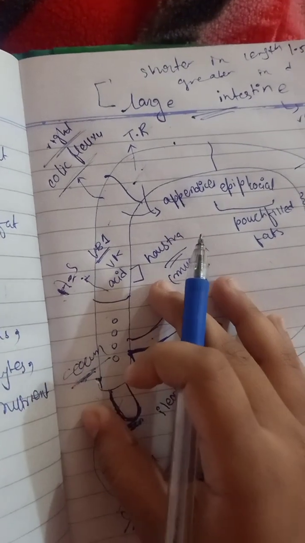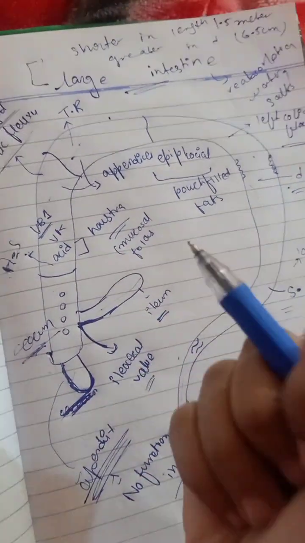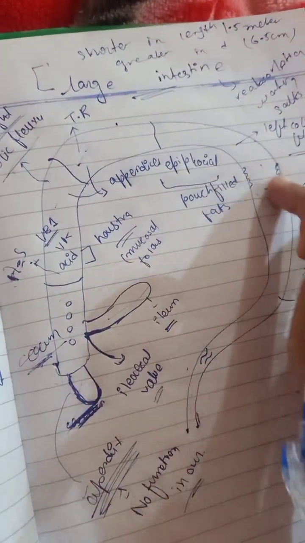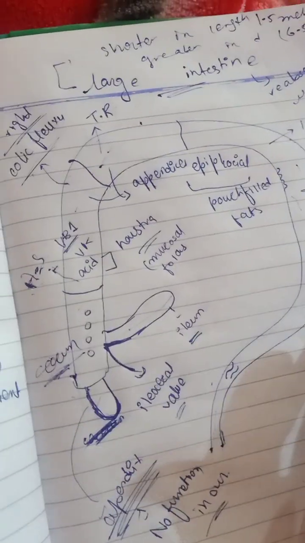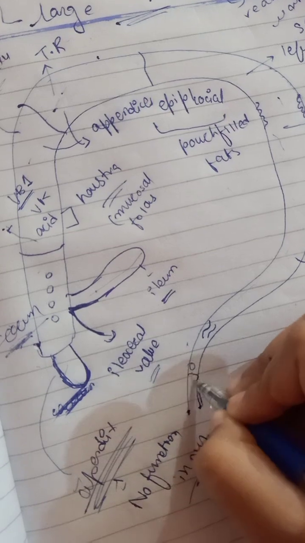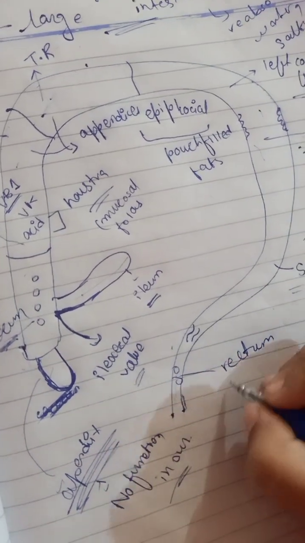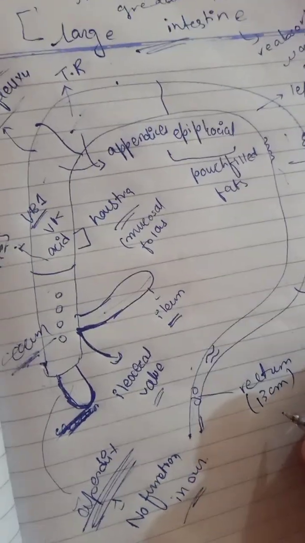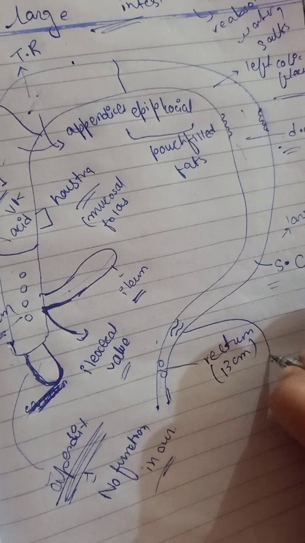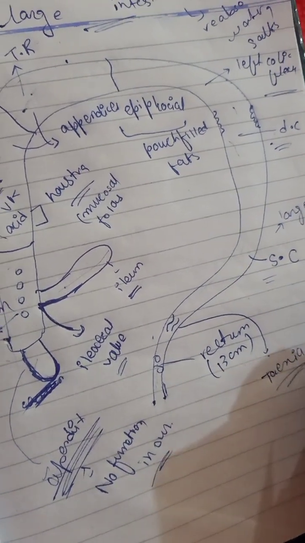In the large intestine only the mucous cells are there, that are goblet cells, for the lubrication of the feces so that they easily move out from the rectum to the anus. The rectum is the last part through which the feces get out. This is 13 centimeter long. This is the taenia, which is the outer muscular band.